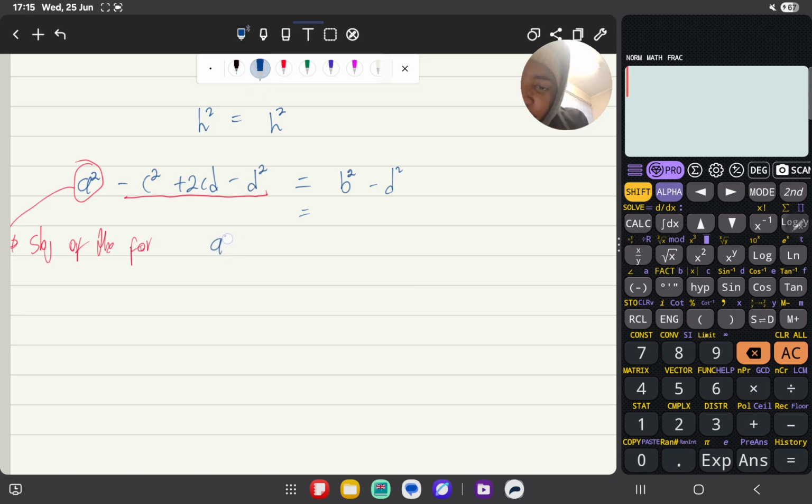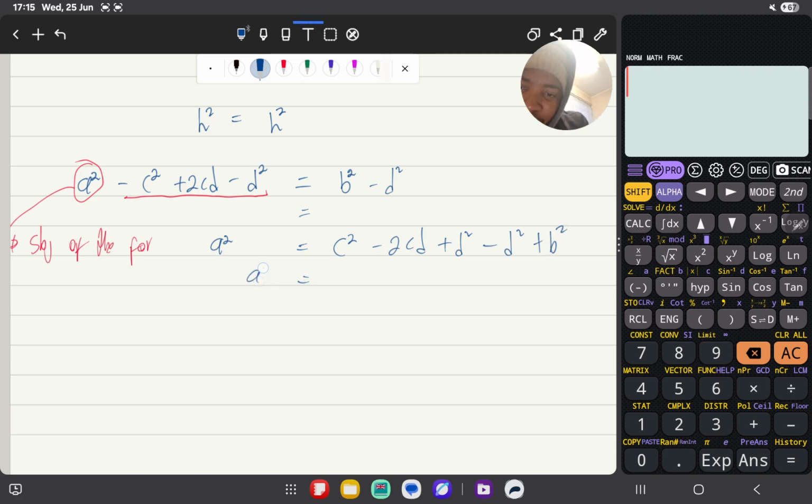You have a squared equals c squared minus 2cd plus d squared. Maybe let me write minus d squared plus b squared, right?